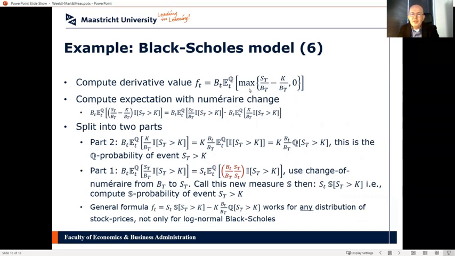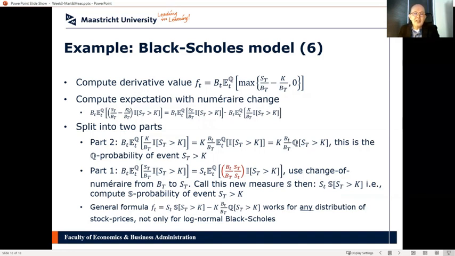And I can rewrite the max operator by saying it is S minus K, provided that S is larger than K. So this capital I is the indicator function that a certain event happens. If S is larger than K, this indicator function is equal to 1, and if this event is not true, this indicator function is equal to 0.